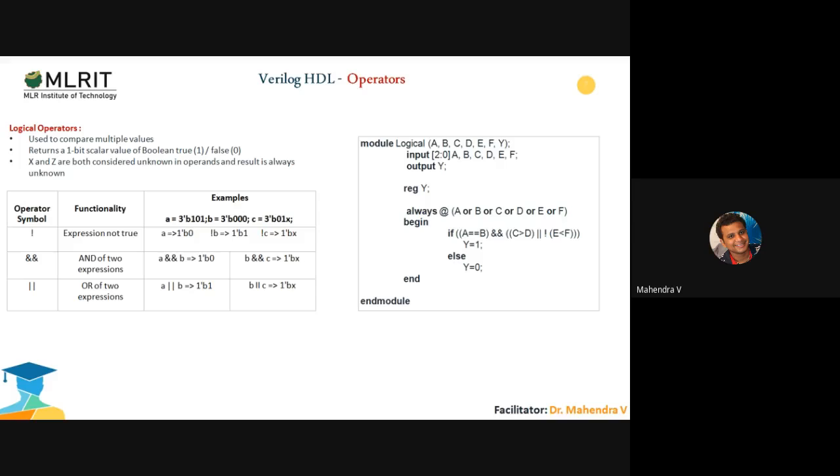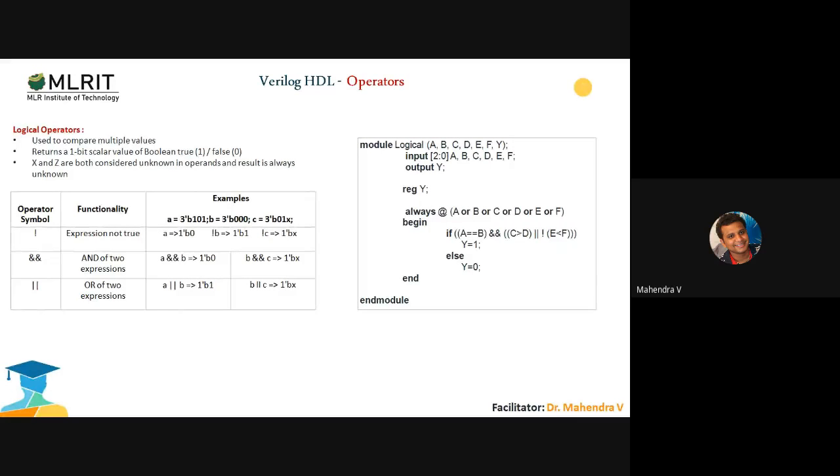The bitwise operations perform the logical operations on the individual bits and then return the result, but here the logical operation is on the expressions, and it returns true or false.